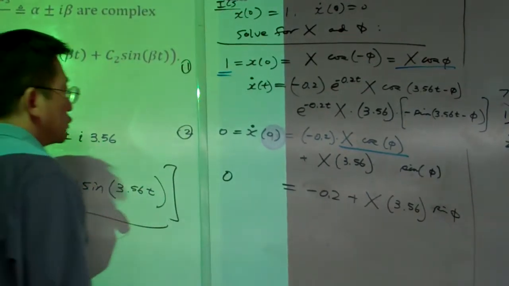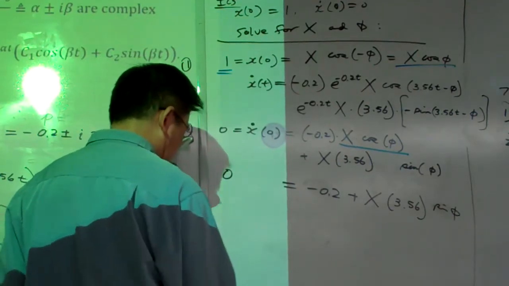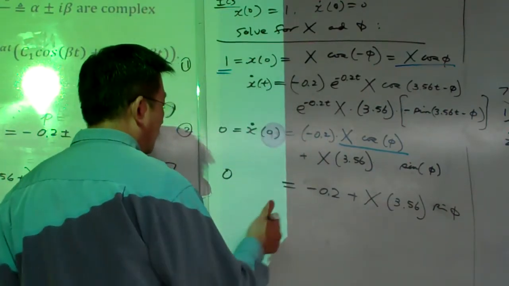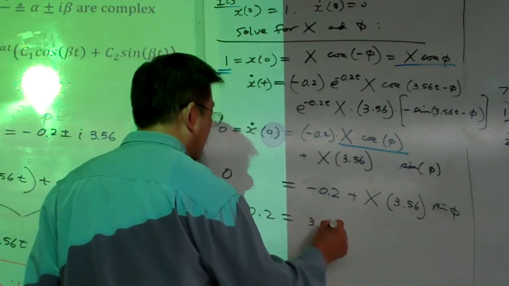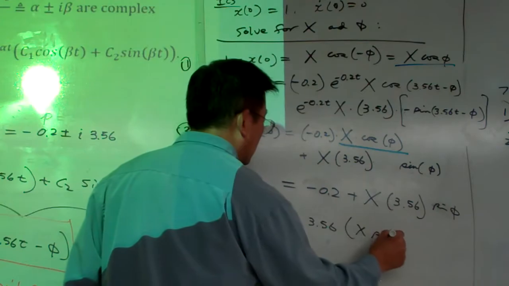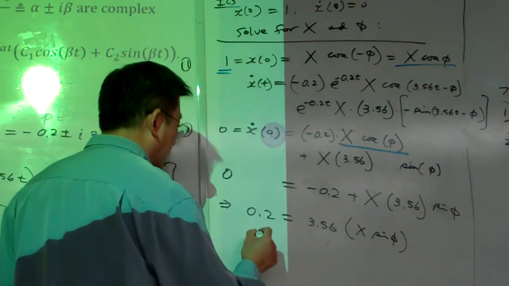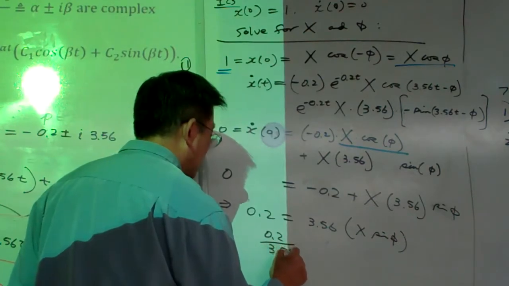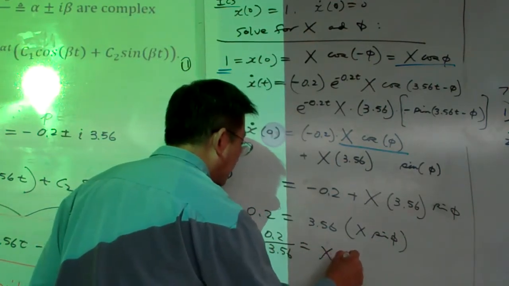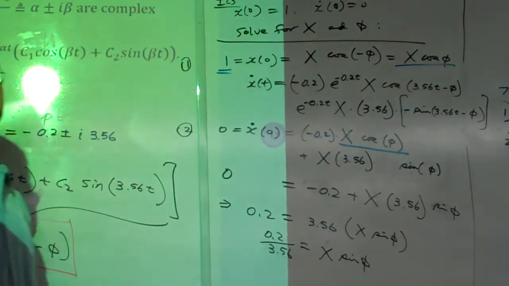Okay, so under these situations, therefore 0.2 equal to 3.56 times X sine phi. So that means 0.2 divided by 3.56 equal to X sine phi, right?